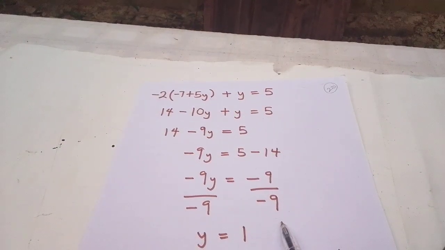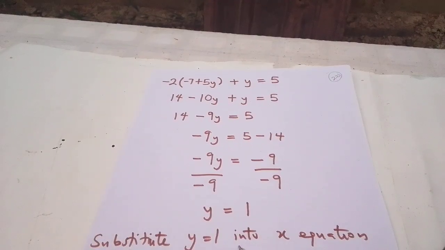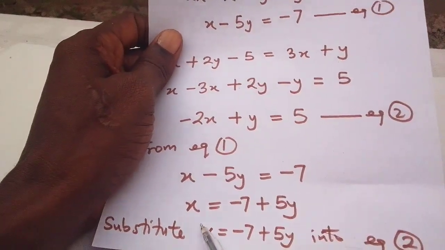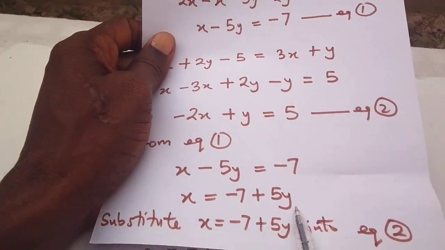So you now substitute y equals 1 into the equation for x, the equation we derived earlier. We substitute into x equals minus 7 plus 5y.